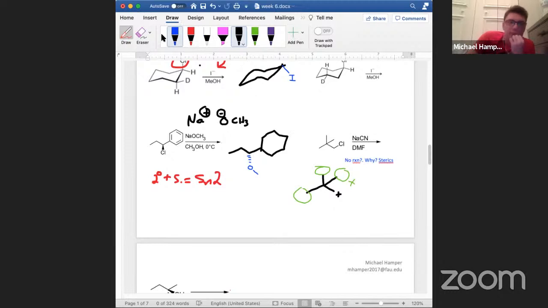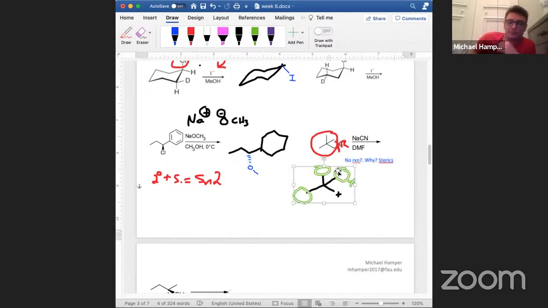So if you want to think about it that way, say this was a parent chain, this would be a neopentyl. And the reason why this does not occur, this reaction is no reaction, is because of the steric hindrance.